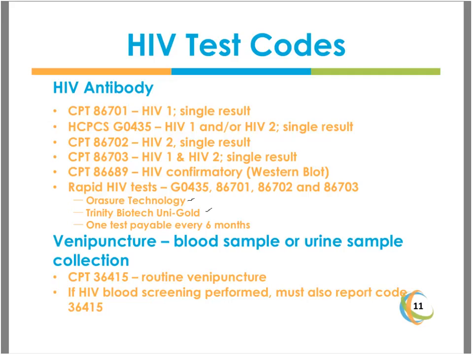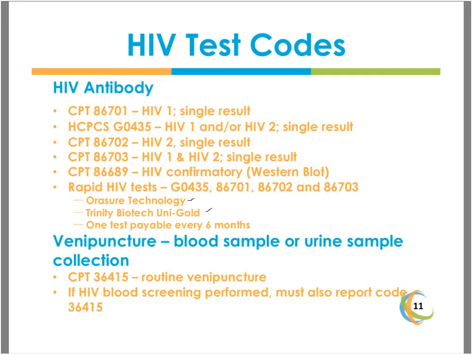Typically, the Medicaid state agencies cover one test every 6 months. So again, you have to check with your local Medicaid state agency to find out which test you can report and what codes you should be using to report the test.